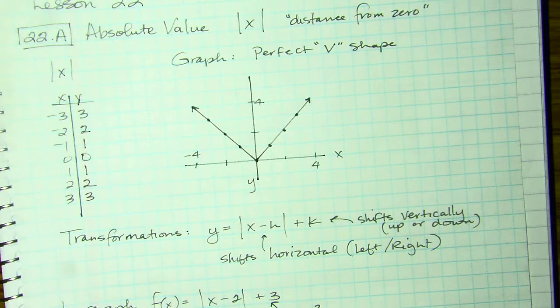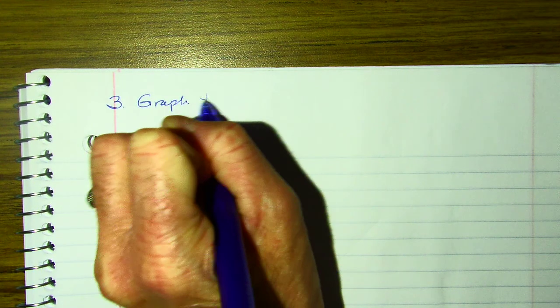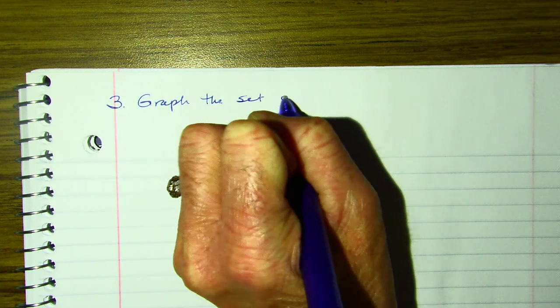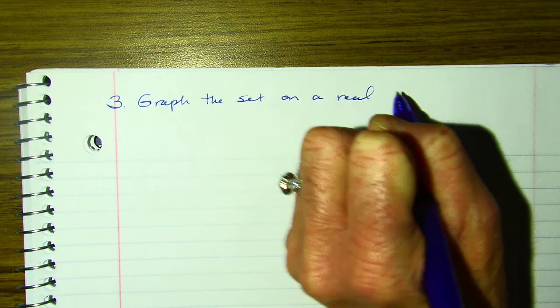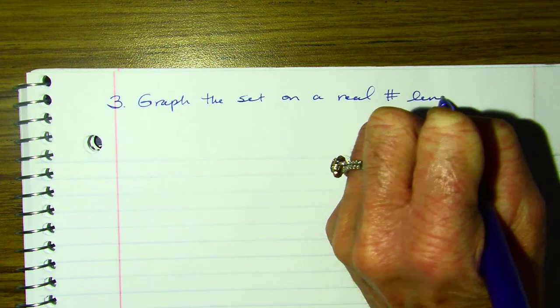Next part of this section goes over absolute value that's not on a y and x plane. So the next one, graph the set on a real number line.